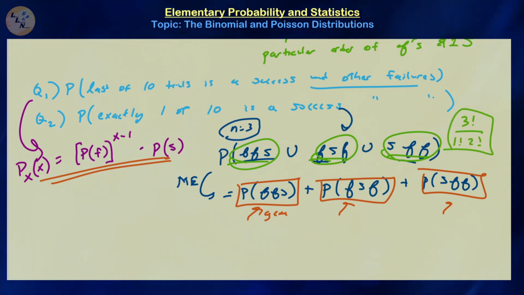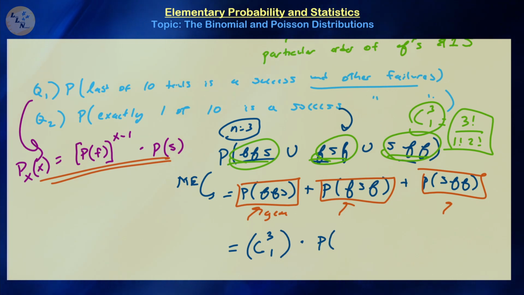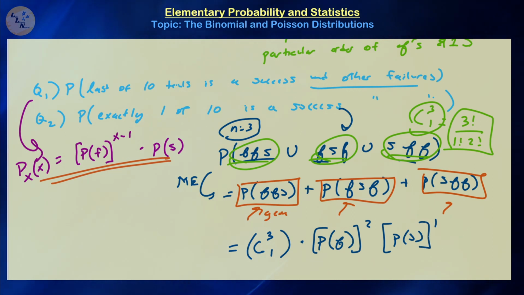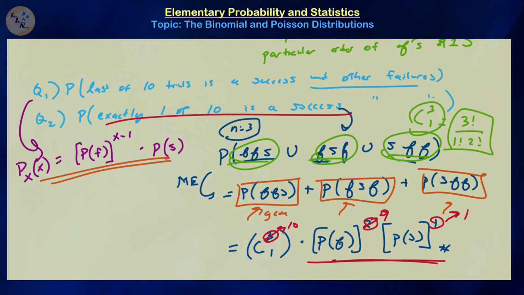That's the same as C(3,1). So the probability of any one of these being a success is C(3,1) multiplied by the probability of failure to the power of 2 times the probability of success to the power of 1. You can easily extend this to 1 out of 10 by changing the 3 to 10, and the 2 to 9, because we want 9 failures and 1 success, so that would stay the same. That's how we would find that.